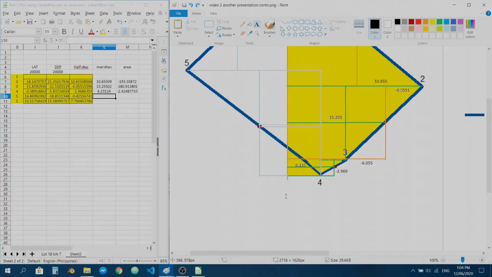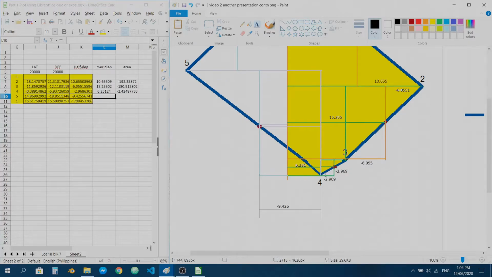Now let's go to 4 to 5. Okay, for 4 to 5, to compute for this meridian, we just follow the same procedure. We need the meridian of the previous line, which is 3 to 4, and then its half depth, which is this portion now, and then the half depth of the present line. So you can see this 6.231 is measured from the common vertical axis to the midpoint.